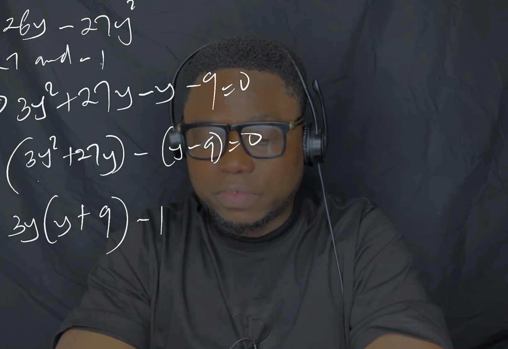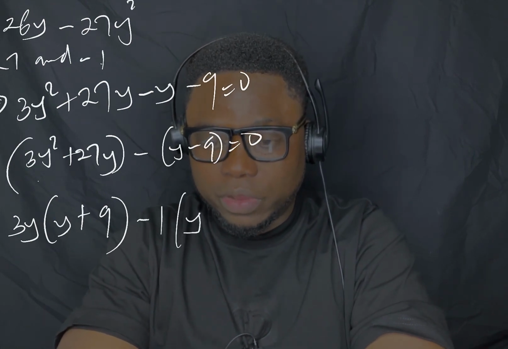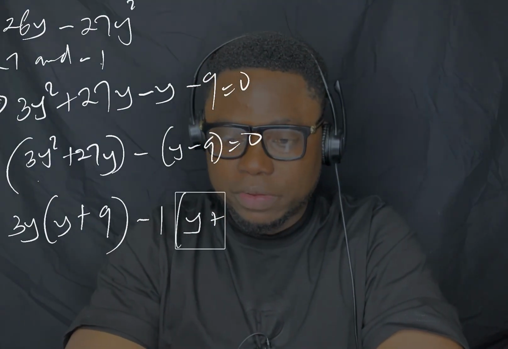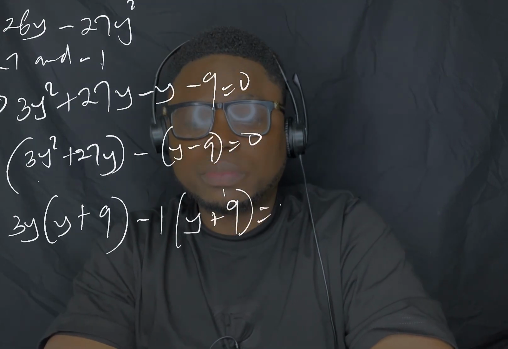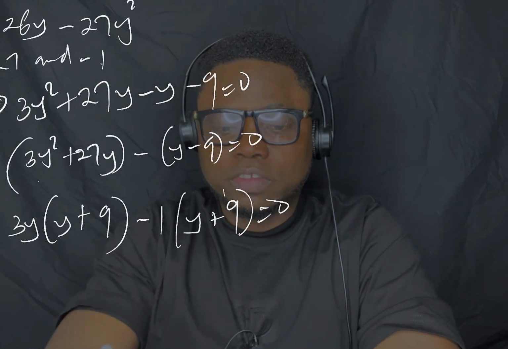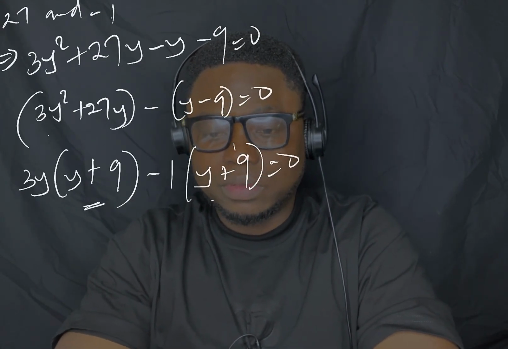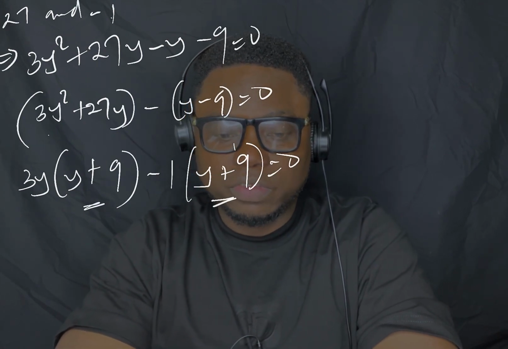So bringing it out of the bracket, I'm going to have y here. Then plus will be inside because minus times plus is going to give me minus. So I write 9 here is equal to 0. So the next thing to do is, because y plus 9 occurs twice here, I'm going to pick one because it's common.